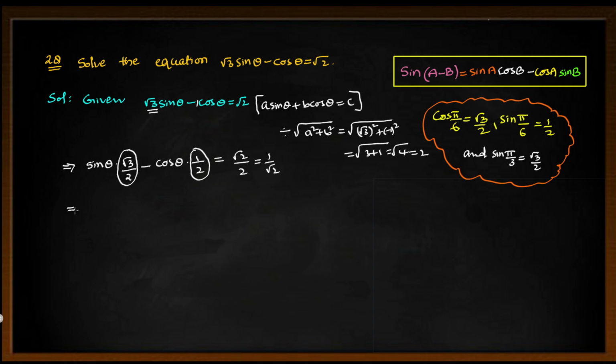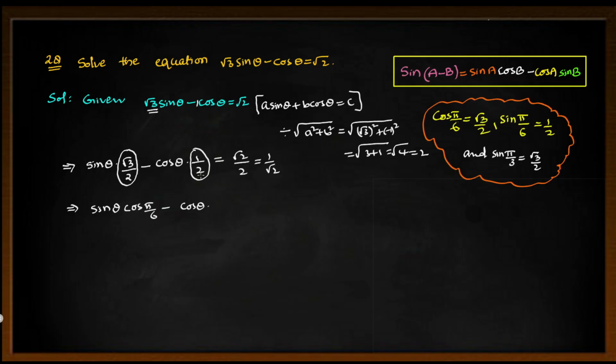Okay, so this first term sin theta as it is, root 3 by 2 in terms of cos. We know that cos pi by 6 is root 3 by 2. In the place of root 3 by 2 we can write cos pi by 6, minus cos theta as it is.